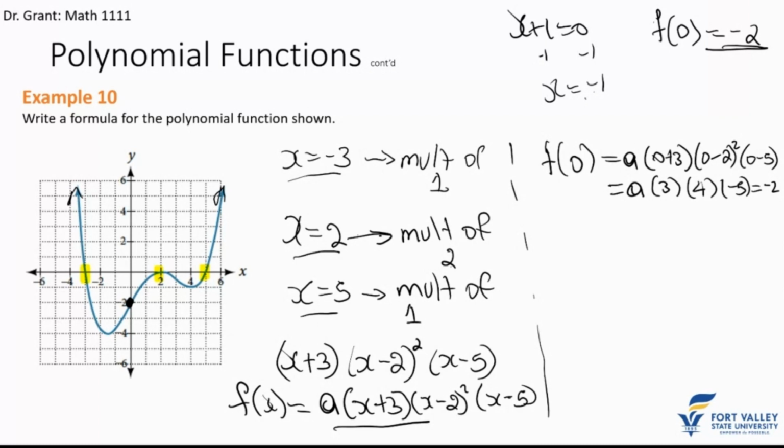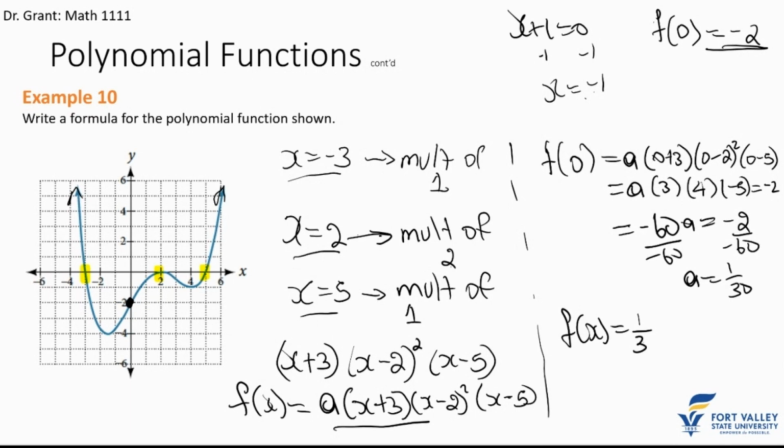If I multiply these, this will give me -60 times a equals -2. I divide both sides by -60 to figure out what a is. So a is 1 over 30. That means my polynomial f of x is 1 divided by 30 times (x plus 3), (x minus 2) squared, (x minus 5), and that's my answer.